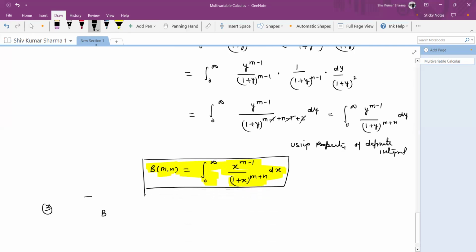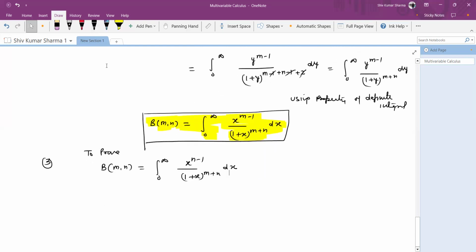To prove: Beta(m,n) is equal to the integral from 0 to infinity of x raised to the power n minus 1 upon (1 plus x) raised to the power m plus n, into dx. Similarly, we can prove this property.